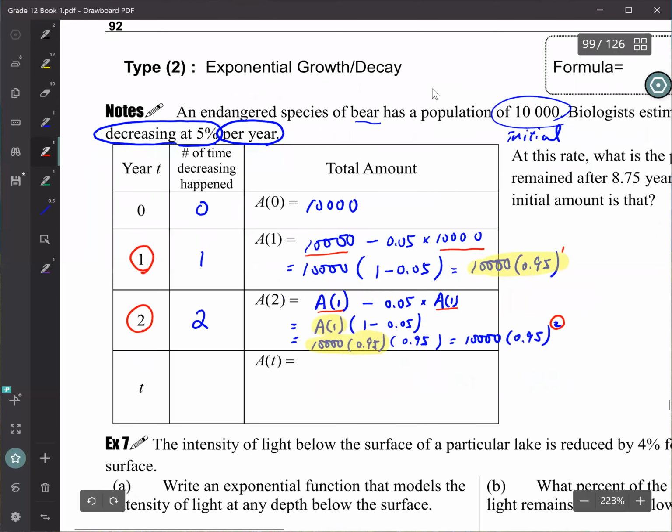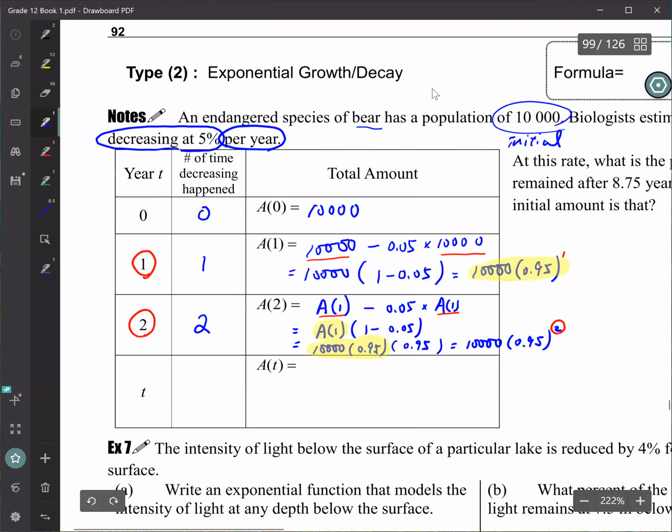So if it's t years later, this will be t, t number of times decreased. So what will be the formula then? Tiana? 10,000 bracket 0.95 to the power of t. Yeah, okay, very good.